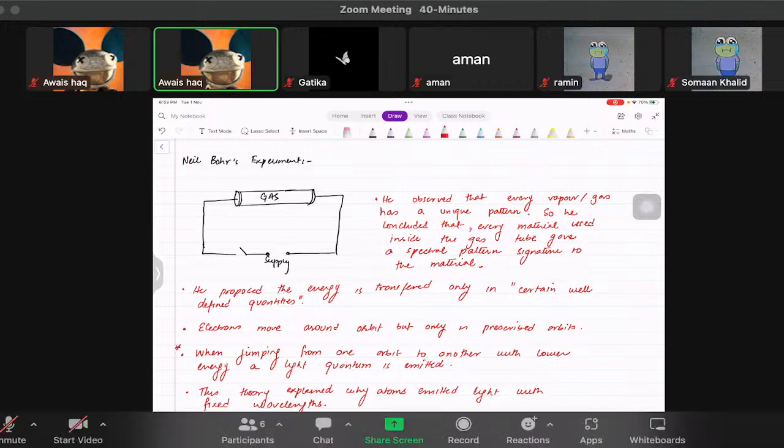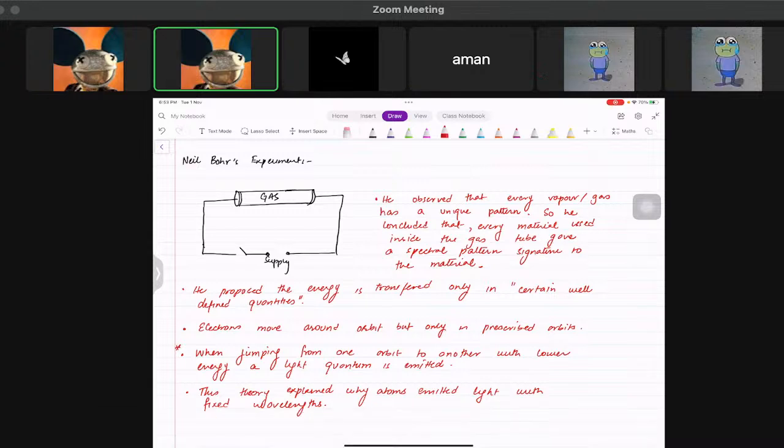If an electron somehow gathers energy, it can shift its orbit, like it can go to an orbit that is of a higher energy. Do you understand? But the electron cannot stay there for very long, so it comes back to its original orbit.